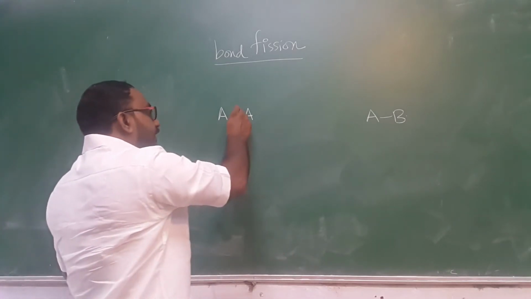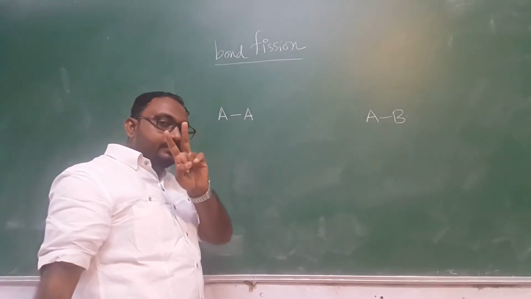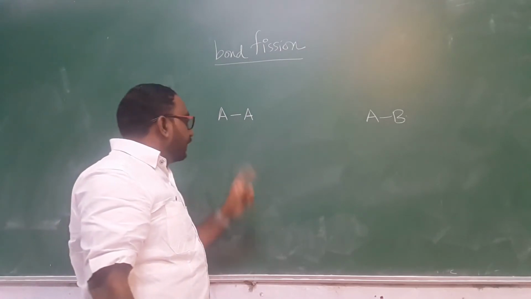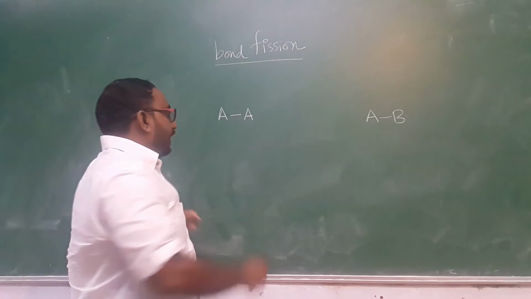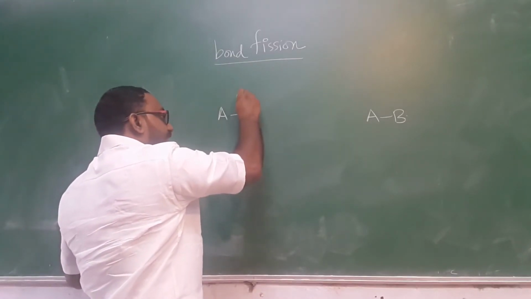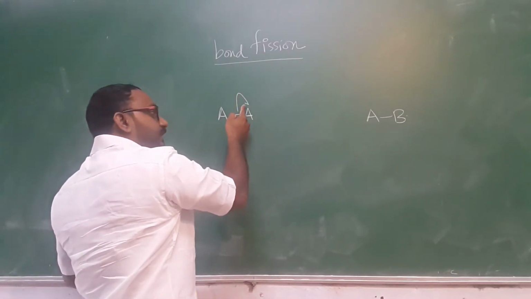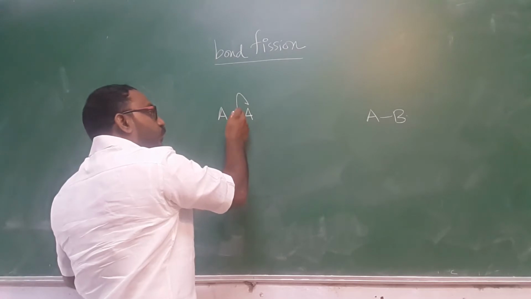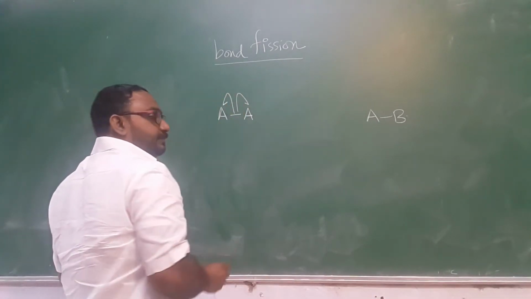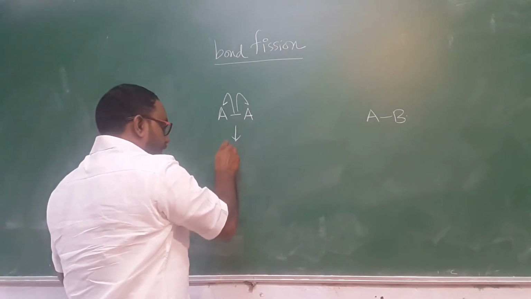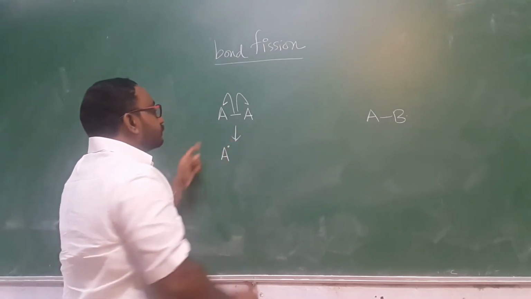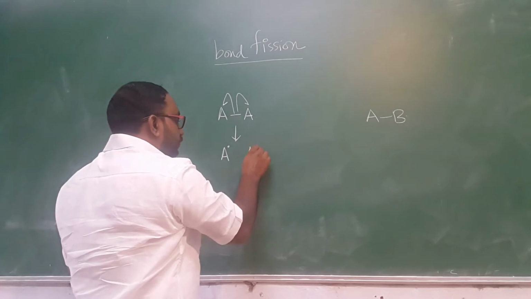This is a pair of electrons, two electrons. Each electron will be taken away by each A. It is represented like this; see the arrow, it has only one side, like a half-headed arrow. So there will be the formation of A dot and here also A dot.